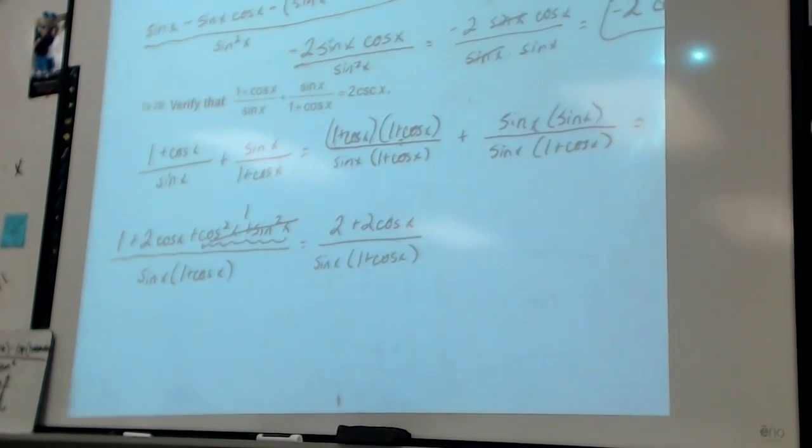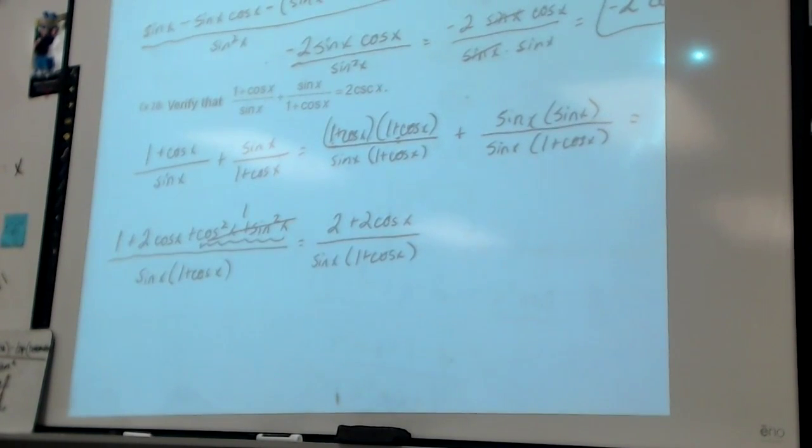Now I can see what I need to do. Can y'all see what we need to do in the numerator? What do both of those terms have in common? Cosine x? No, in the numerator. What do both of those terms have in common? 2. Let's factor out a 2, and guess what's going to happen? Can you see it? 1 plus cosine.